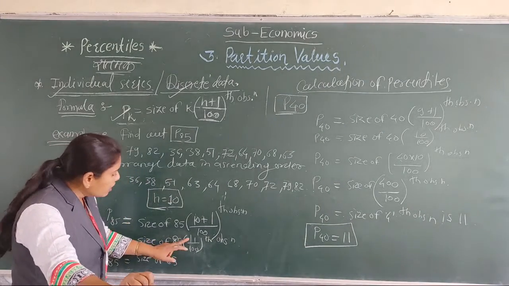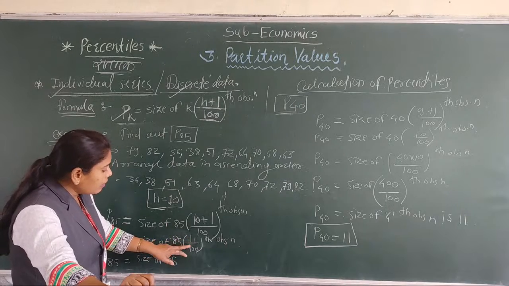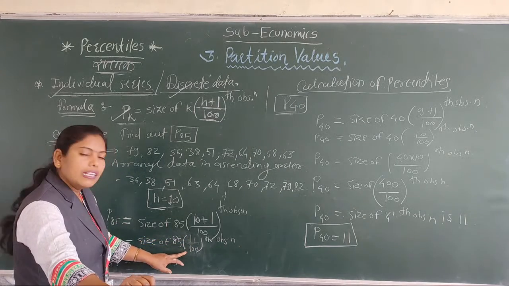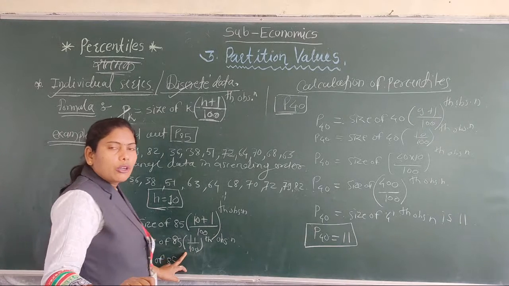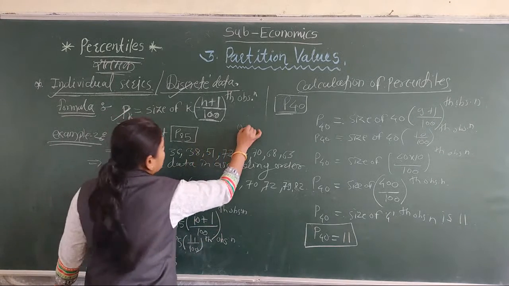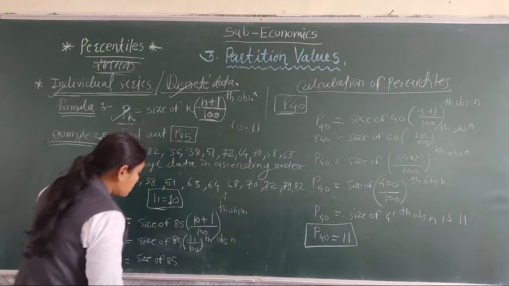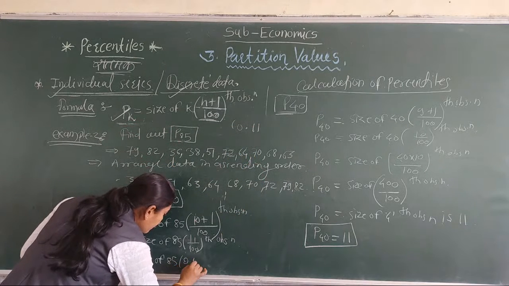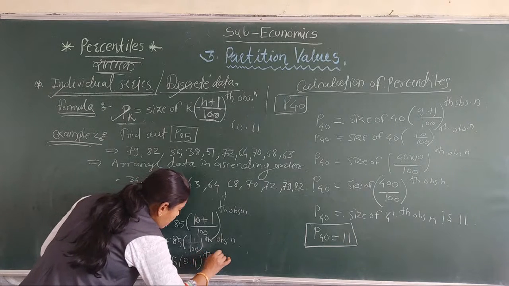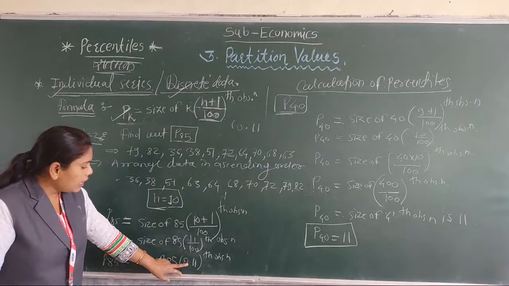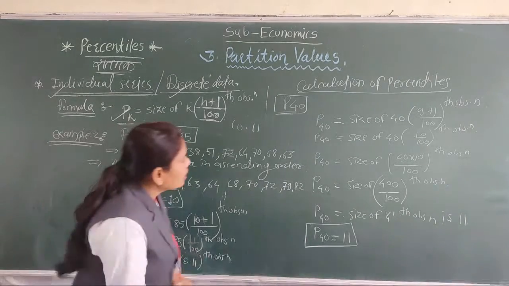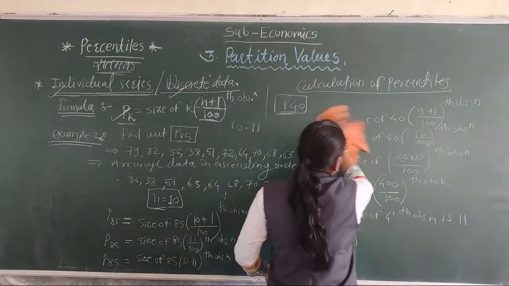Listen carefully, the answer of 11 divided by 100 is equal to 0.11. And so that we have 0.11 observation.